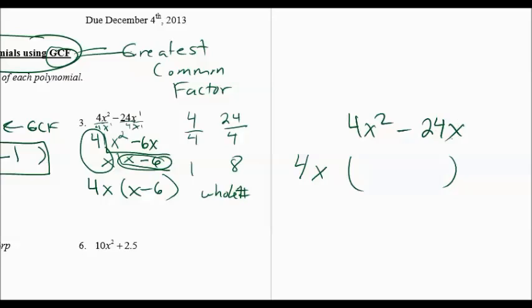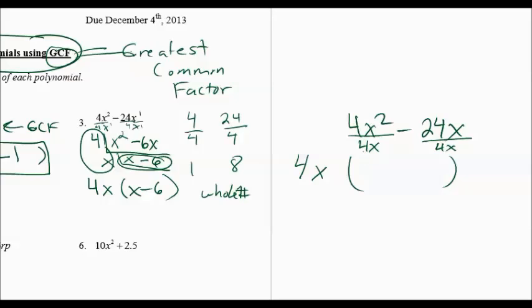Well, since x is the least amount of x's that you have, the most that you can pull out of any term is one of them, right? So I have 1x in this term and 2x's in this term, so the most x's that they could have in common is 1, because one of the expressions has 1x and the other expression has 2x's, okay? So if I pull out 4x, then basically I'm just taking each term and dividing it by 4x. That's what's happening, and so what I get in the brackets is a result of that division.